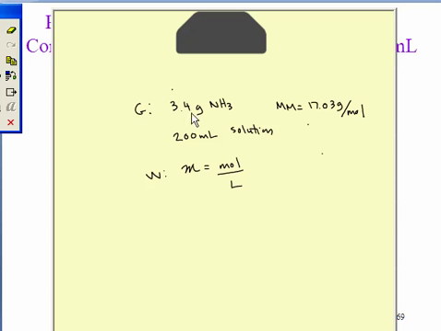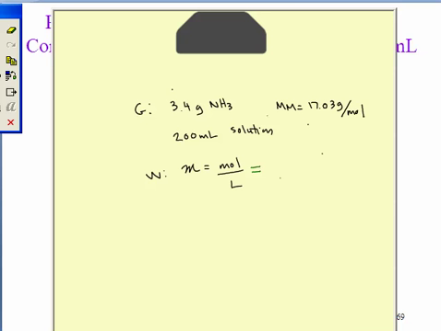So, as always, we write out what we're given: 3.4 grams of ammonia, 200 mils of solution, the molar mass of ammonia is 17.03 grams per mole, and then we want our molarity. So I always write out the definition. Molarity is moles over liters of solution.